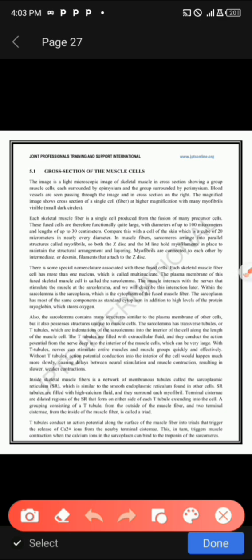The magnified image shows a cross-section of a single muscle fiber at higher magnification, with many myofibrils visible as small dark circles.